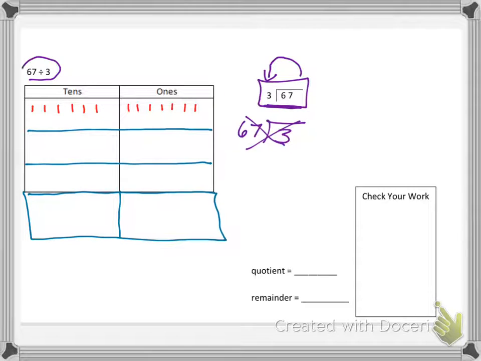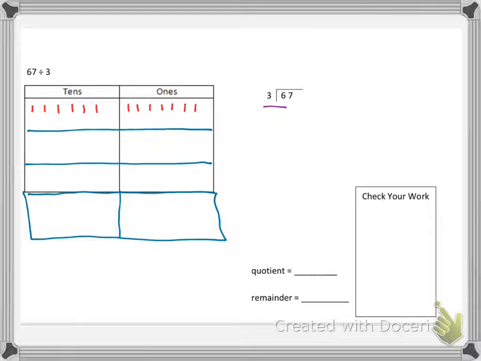So make sure we are aware of how we are speaking when we are talking about division and reading the problems. All right, I think that this problem is a little too small, so I'm going to make it a little bigger. So 67 divided by 3.